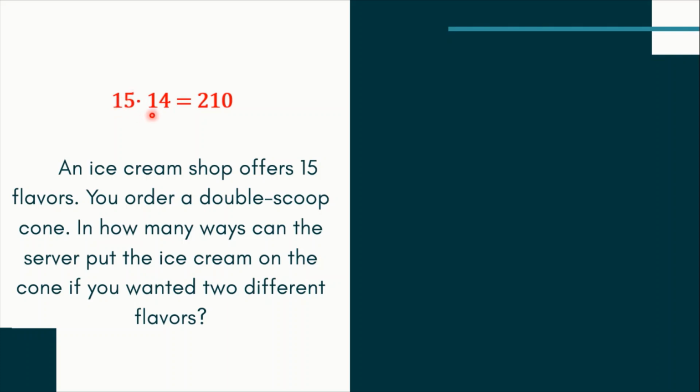So, mababawasan yung number of options natin ng isa. So, naging 14 na lang. So, halimbawa, sa 15 flavors, ang unang scoop ay mango. So, sa pangalawang scoop, hindi mo na mapipili yung mango. So, ibabawas mo na yung mango flavor doon sa 15 na flavors. Kaya naging 14 na lang. Okay? So, we multiply. We have 15 times 14 is equal to 210. So, there are 210 ways.